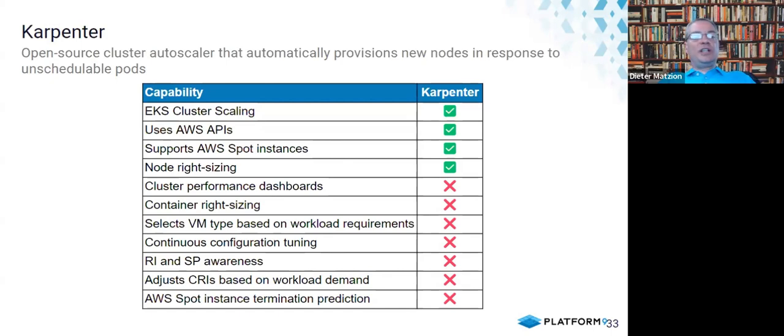And unfortunately it doesn't. It also is not able to adjust convertible RIs based on the workload demand. So what is a convertible RI? Think of it as a digital coupon that you can trade in. So I have an Applebee's coupon, and I trade it in for a Carl's Jr. coupon, and I can do that on the fly using an API.